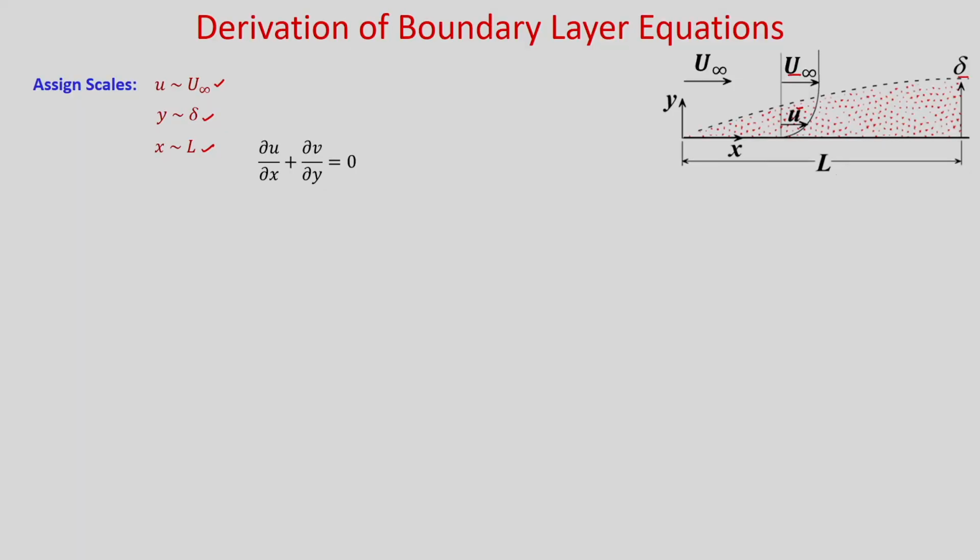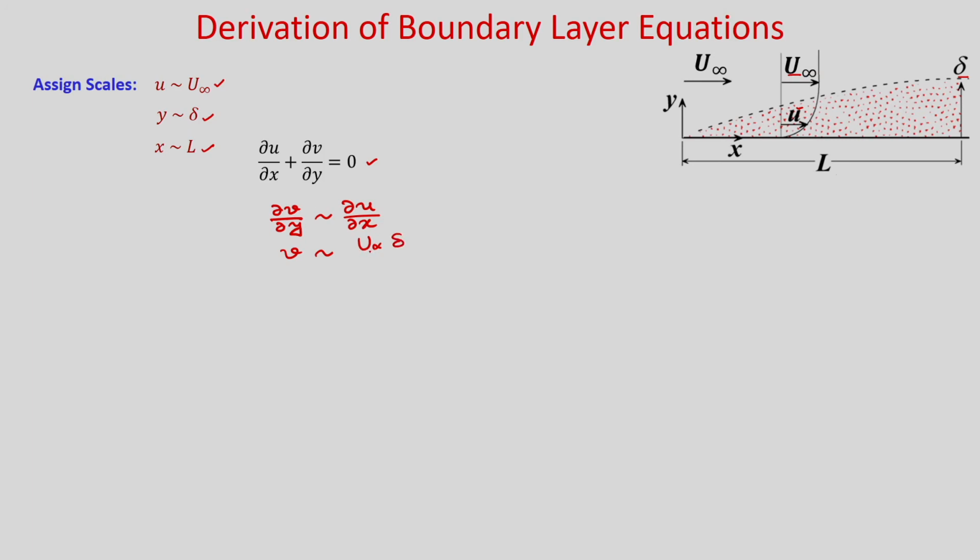Now, let us consider the continuity equation and find the order of velocity v. So, del v by del y is of the order of del u by del x. What is the order of u? It is u infinity. What is the order of delta y?